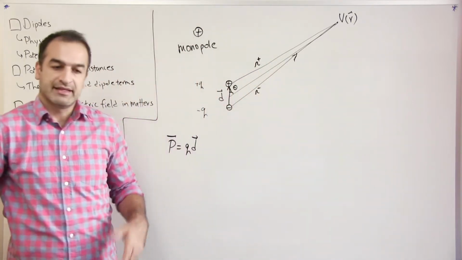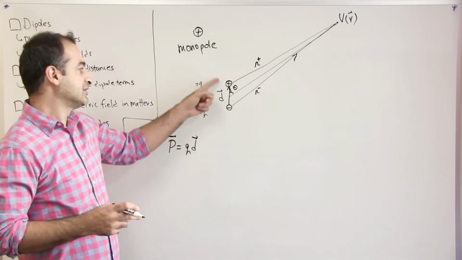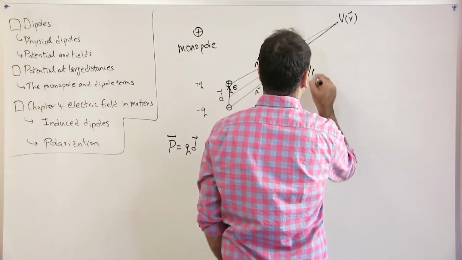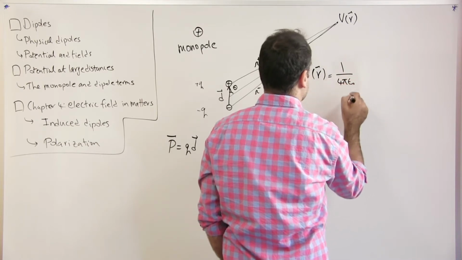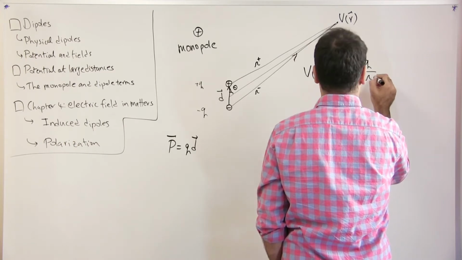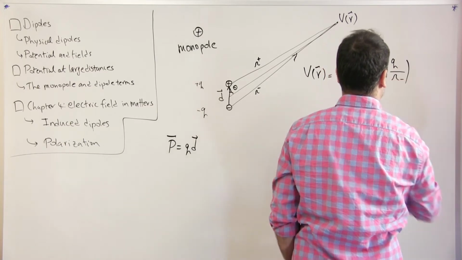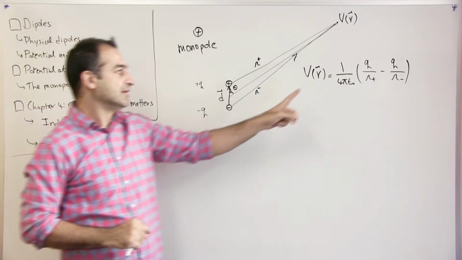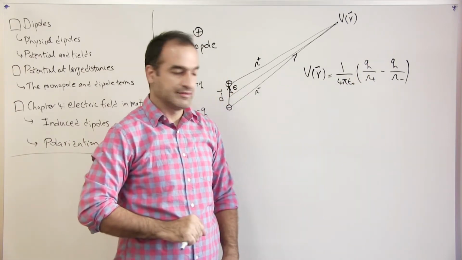The potential at this point is just adding up the potential created by the positive and negative charges. Mathematically, it has a simple form: V of r is 1 over 4 pi epsilon naught times Q divided by r plus, minus Q divided by r minus. The negative sign is because the charge here is negative Q.